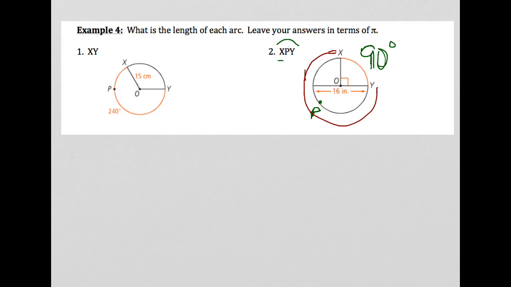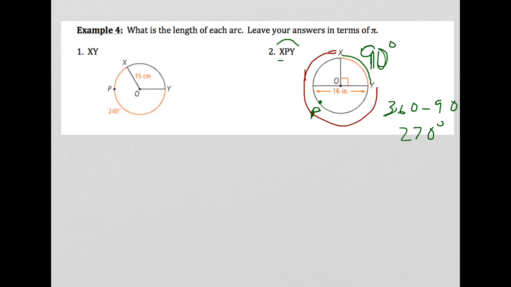So if that part is 90 right there, the rest of the circle would be 360 minus 90, which would be 270 degrees. So we know that the arc XPY, the part we're interested in, is 270 degrees.